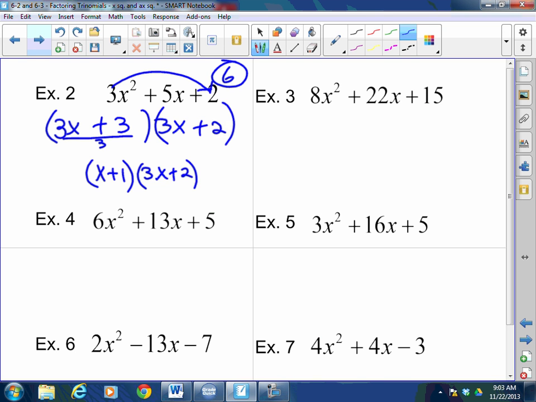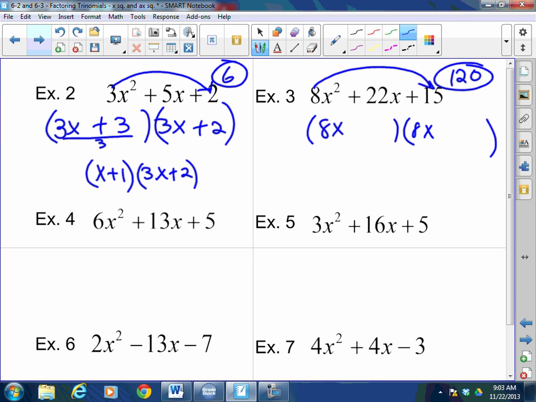First of all, can I factor out any GCF? No, not for example 3. So I got 8x. I got 8x. It kind of stinks when they're large numbers like this. That's why you got to know your times tables. What's 8 times 15? 8 times 15 is 120, right? Okay. So what times what is positive 120, but when added together is 22?